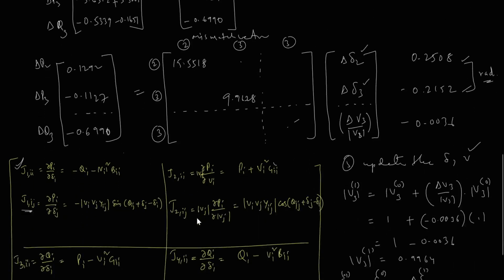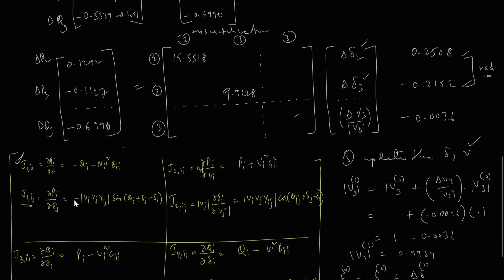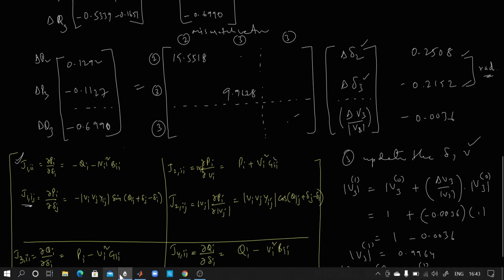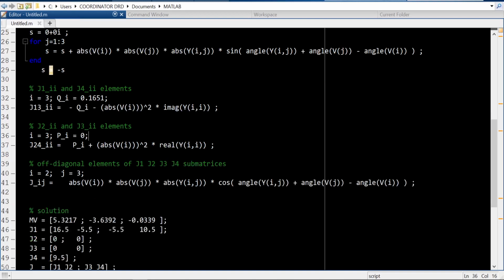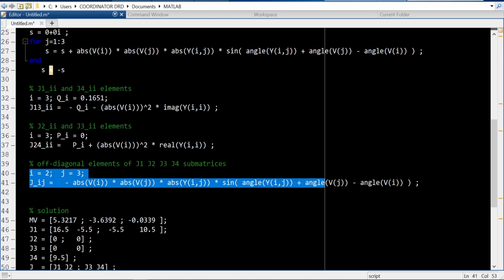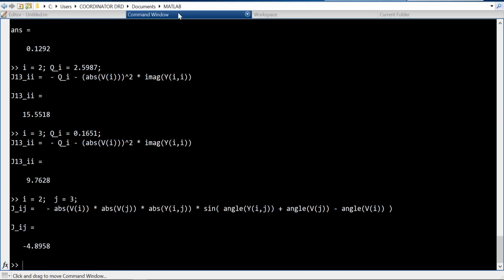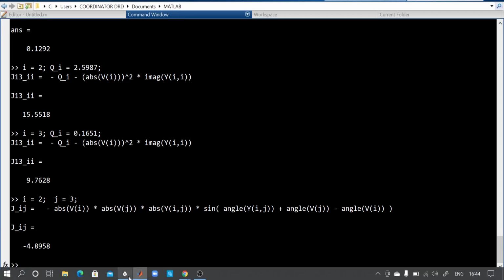And what is my off diagonal equation? Minus, and this is sine, minus sign. So off diagonal entries 2 and 3, this is minus and this is sine, right? So if I evaluate this one, I get minus 4.8958.